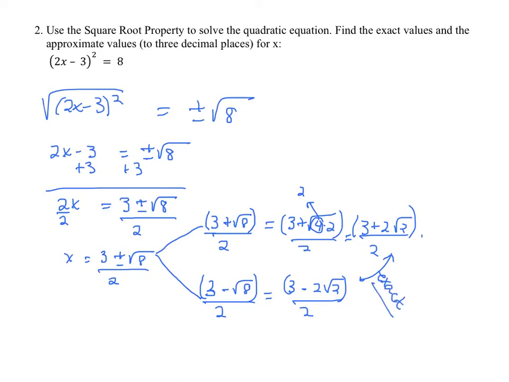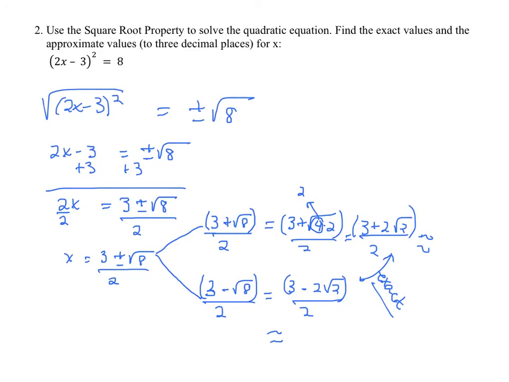approximate anything. And now I'm going to approximate both of them to 3 decimal places. And I use the little wiggly equal sign indicating I'm going to do an approximation. So on my calculator, I just do parentheses, 3 plus 2 times radical 2, and then divide it by 2, because I can do that.